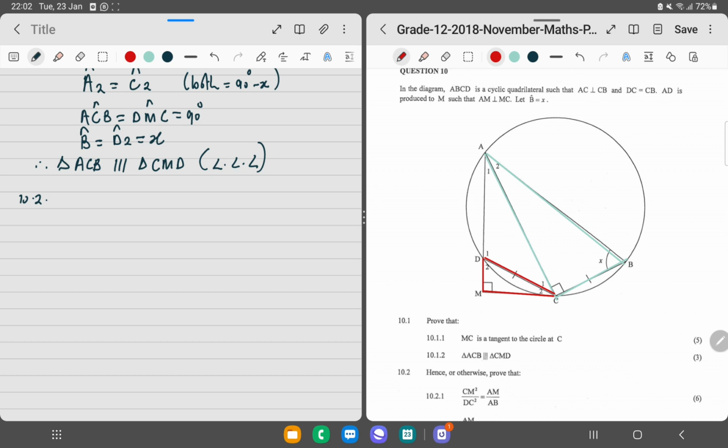Then 10.2. Hence or otherwise, prove that CM squared over DC squared is equal to AM over AB. So we'll just use the similar triangles. AC over CM should be equal to CB over MD, which is equal to AB over CD.